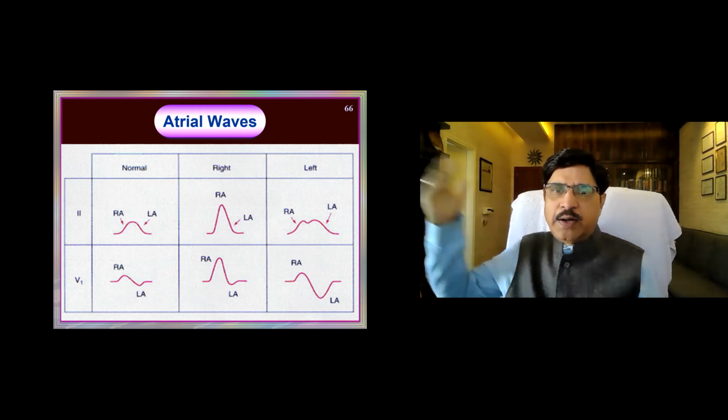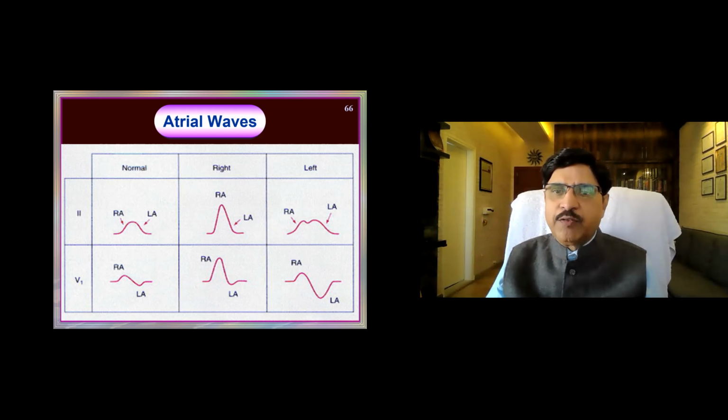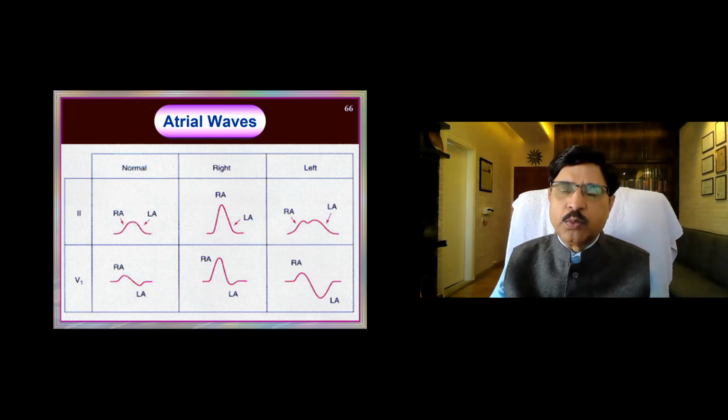This is the direction of the L2 lead, right arm and foot. So the rule is the P wave should be studied in L2 and V1.